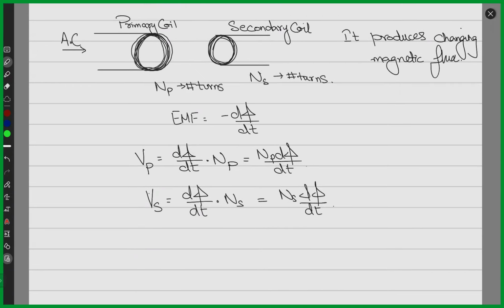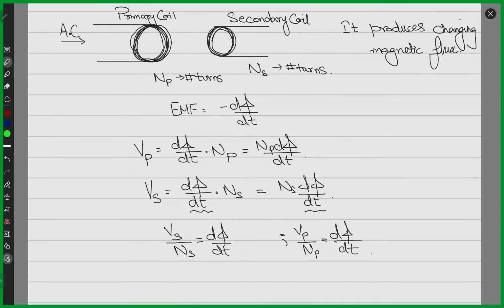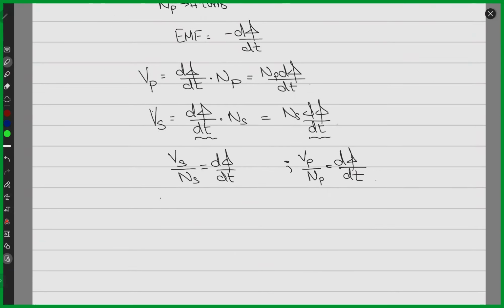Now, both of these things have a d phi by dt, which means that I can say that Vs over Ns is d phi by dt, and over here, Vp over Np is also d phi by dt, which means that these ratios, Vs over Ns, should be equal to Vp over Np.